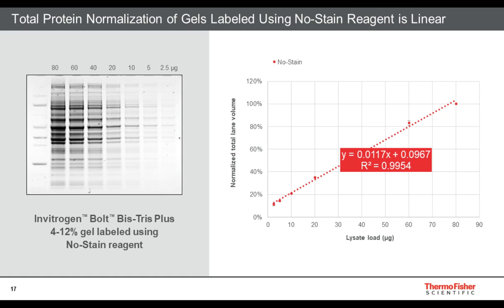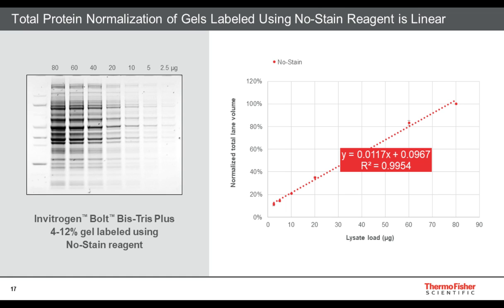In this experiment, we loaded increasing protein concentrations of cell lysate, from 2.5 microgram all the way up to 80 microgram. Again, 80 microgram is a really heavy protein load. After gel electrophoresis, this gel was labeled using the no-stain protein labeling reagent.